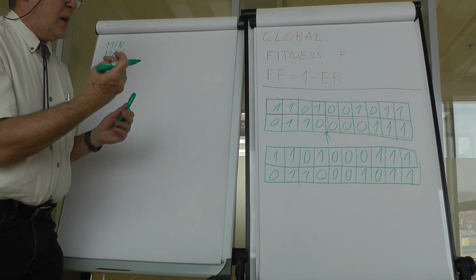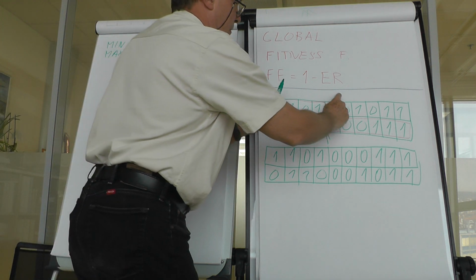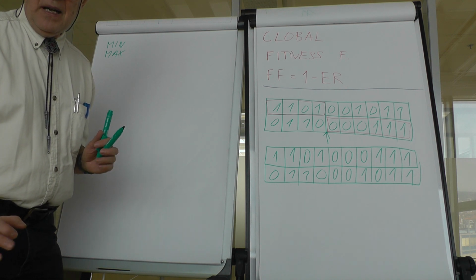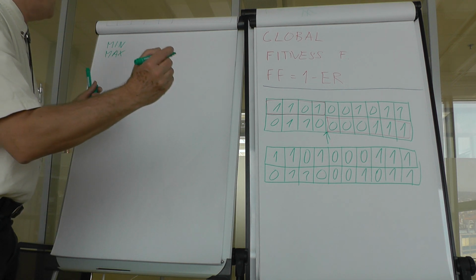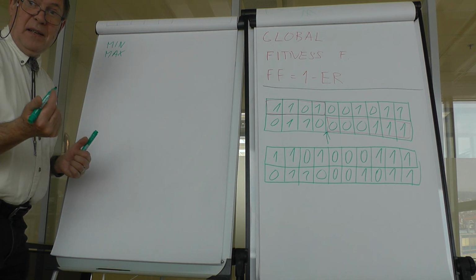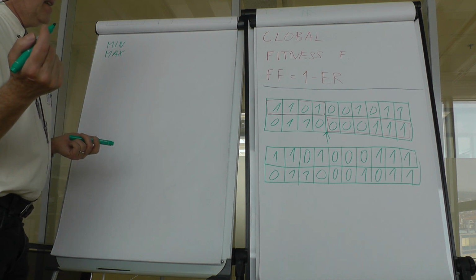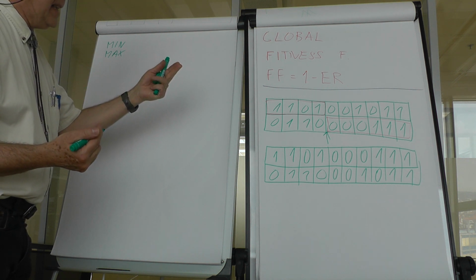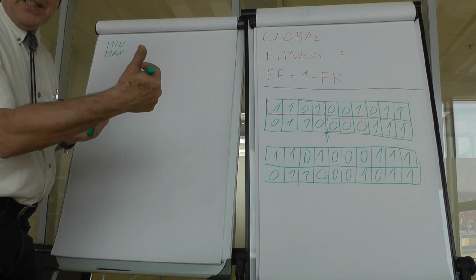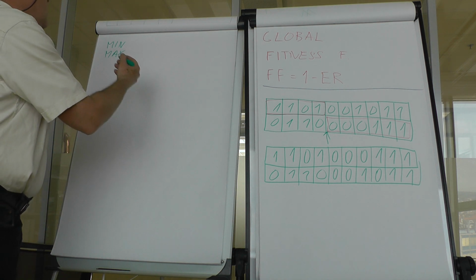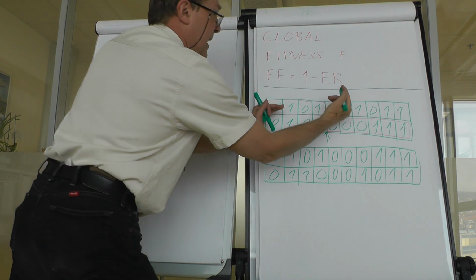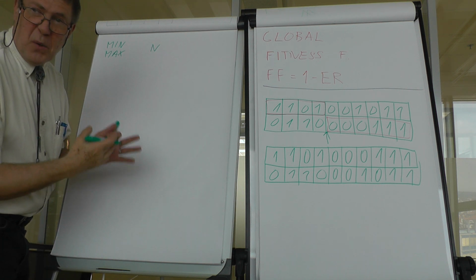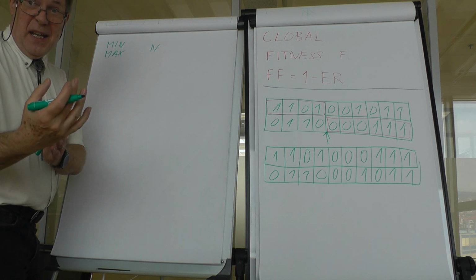I will first say, okay, let's assign, for example, 6 bits to this variable. And to do that, I will use a mapping function. 6 bits gives 2, 4, 8, 16, 32, 64 possible values. So I have these 6 bits, which is a number n from 0 to 63.